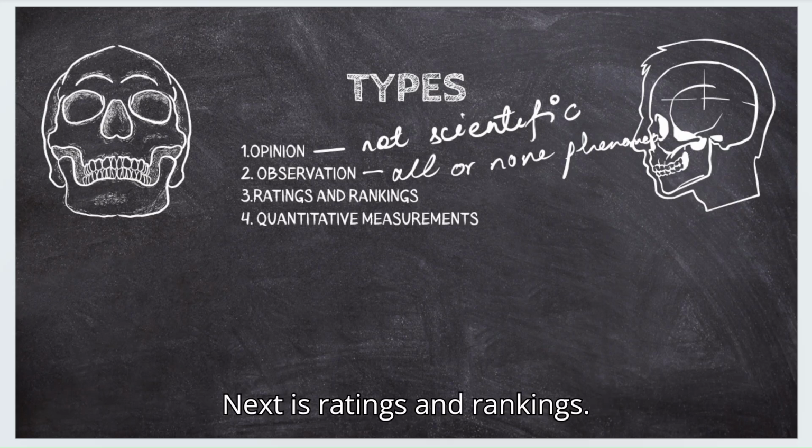Correct. Next is ratings and rankings. Rating means it is a standard, conventional, accepted scale, and ranking is also an arrangement. For example, we ask someone, when you put braces, do you feel pain?